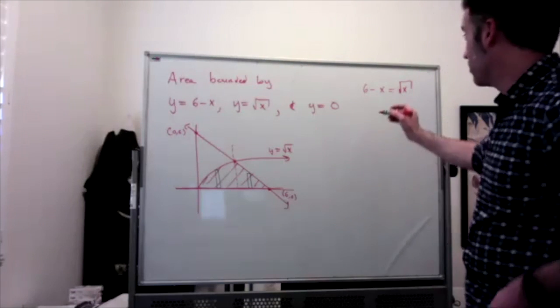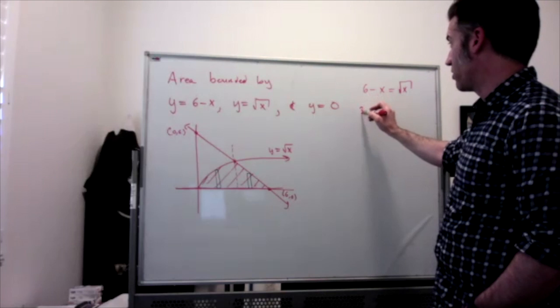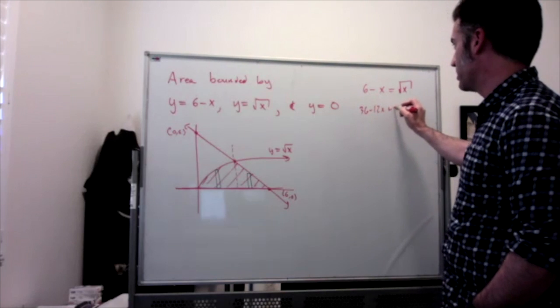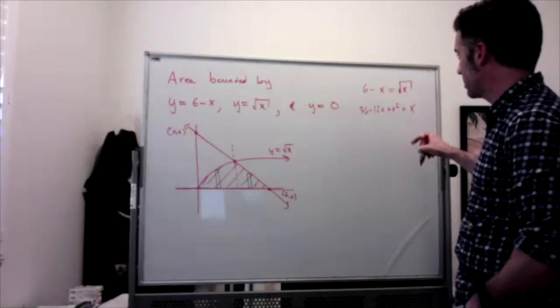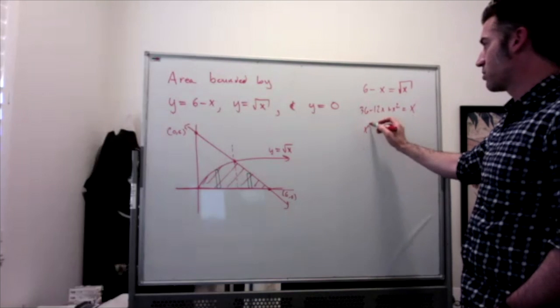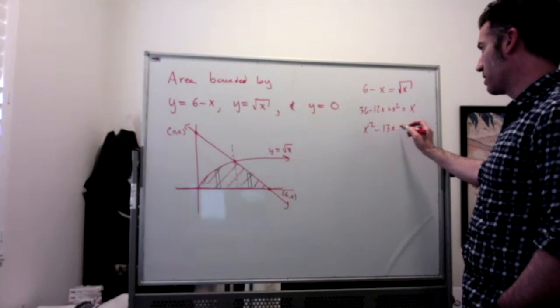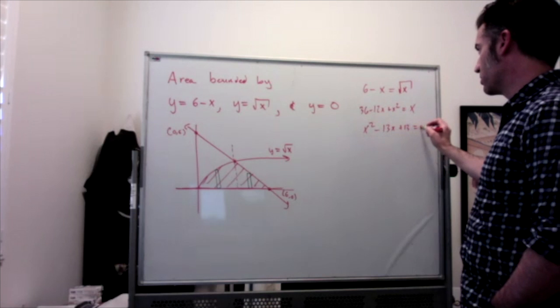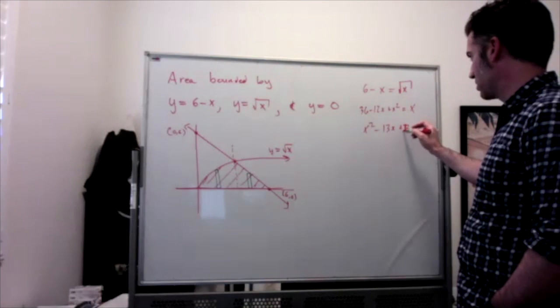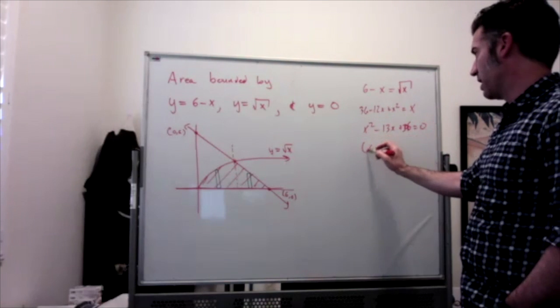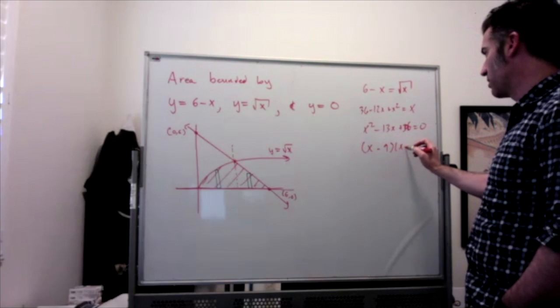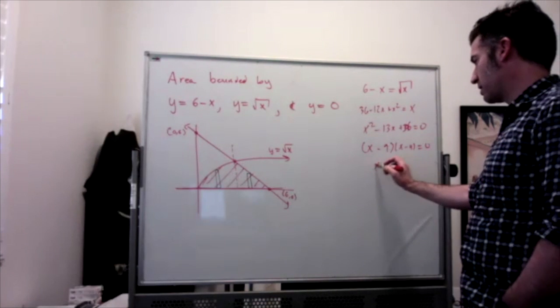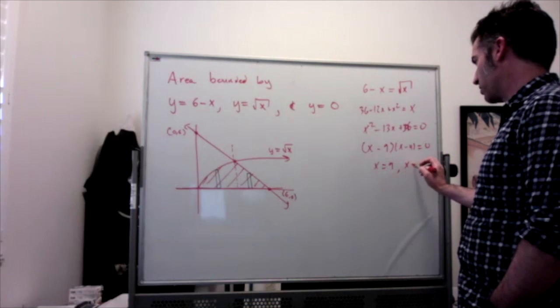It would work. If you did that, squaring this, you get 36 minus 12x plus x squared equal to x. Bring the x over, you get x squared minus 13x plus 36 equals 0. Factor this as x minus 9 times x minus 4, and you get x equal to 9 or x equal to 4.